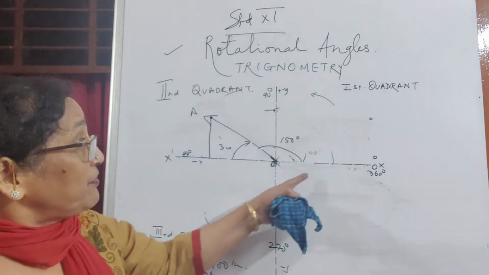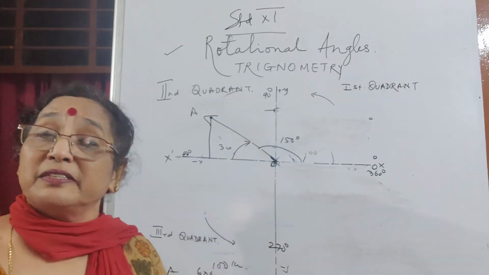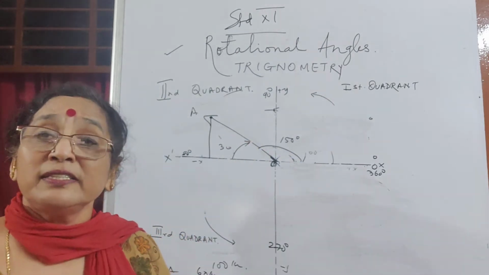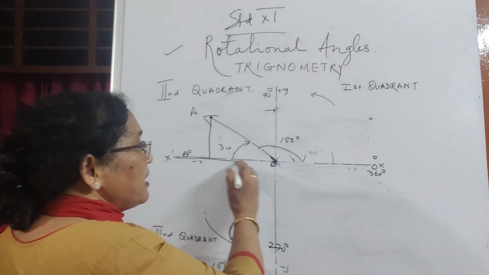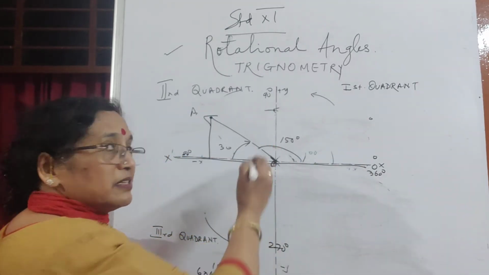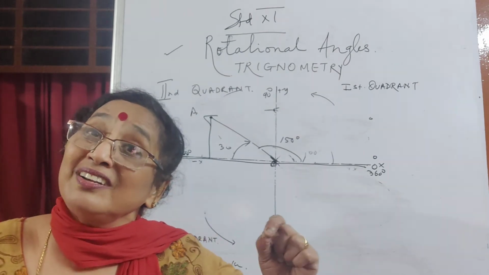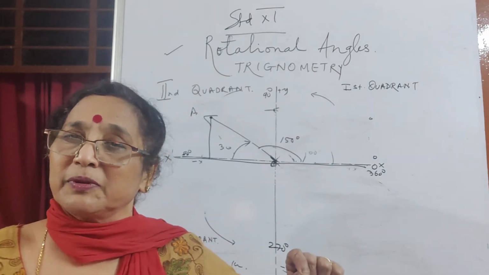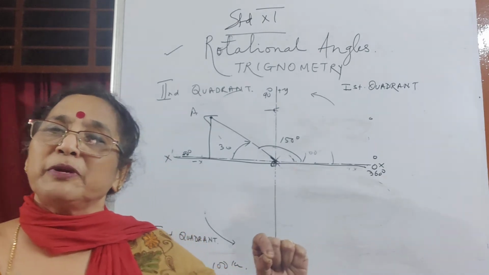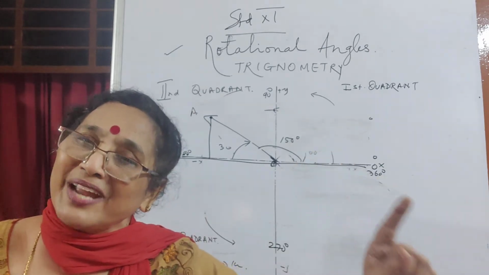Okay, so therefore 150 degrees anti-clockwise is the same as, this is my line of reference, 30 degrees clockwise. So I'll talk of the shorter displacement. That's more sensible. All shorter displacements will finally sum up to an acute angle.